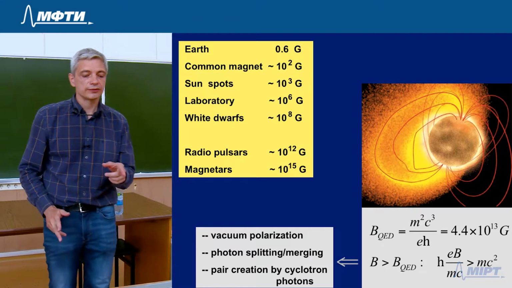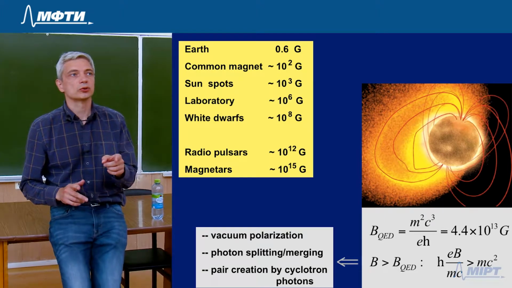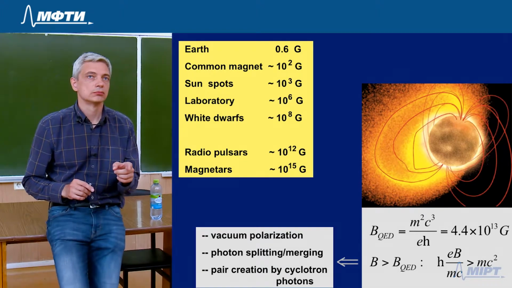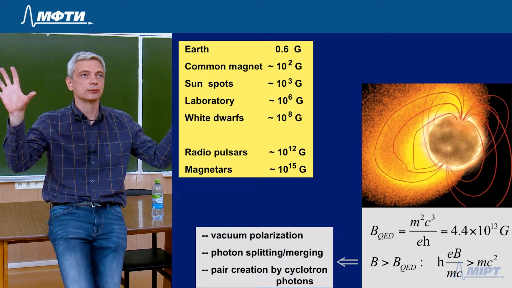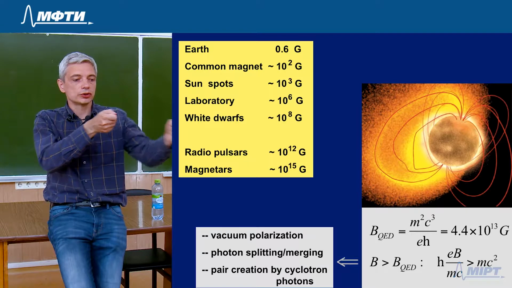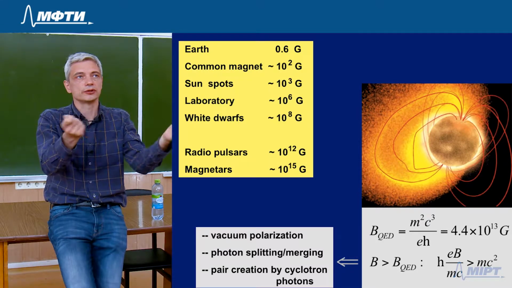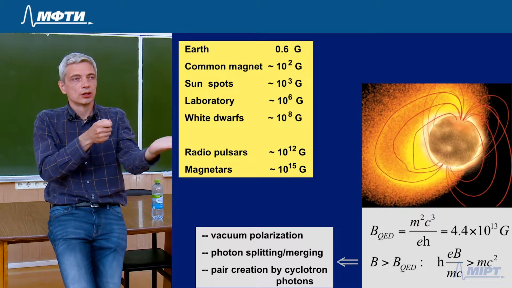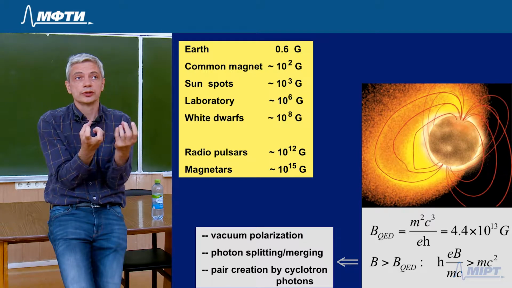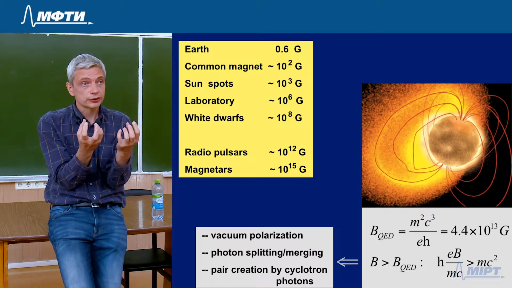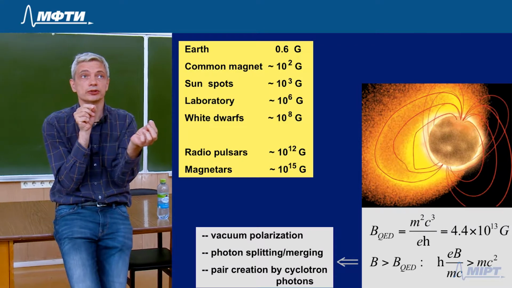Now, if you had an electric field exceeding this value, you would start to create pairs from vacuum. This is what is called the Schwinger field. If you just take vacuum and generate an electric field exceeding this value, in Gauss units B and E have the same dimension, then vacuum is filled with virtual electron-positron pairs, and this electric field would make these pairs real.